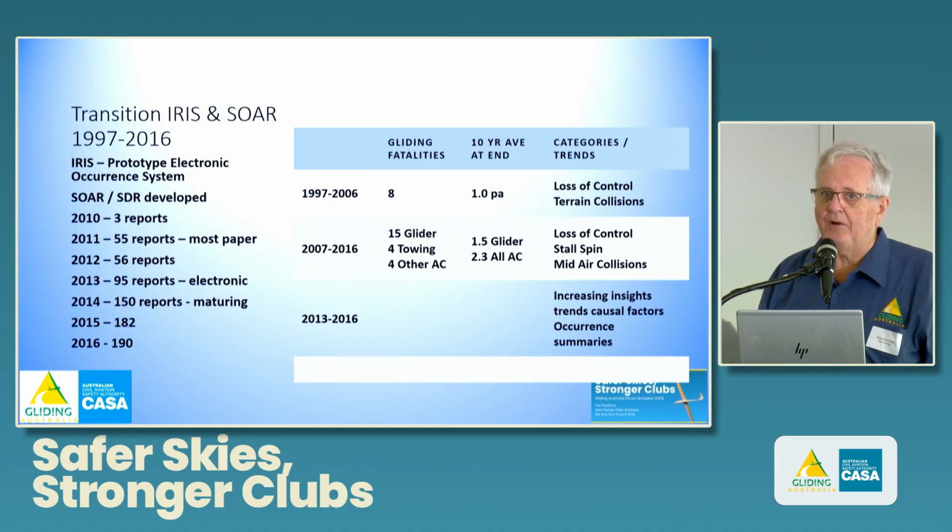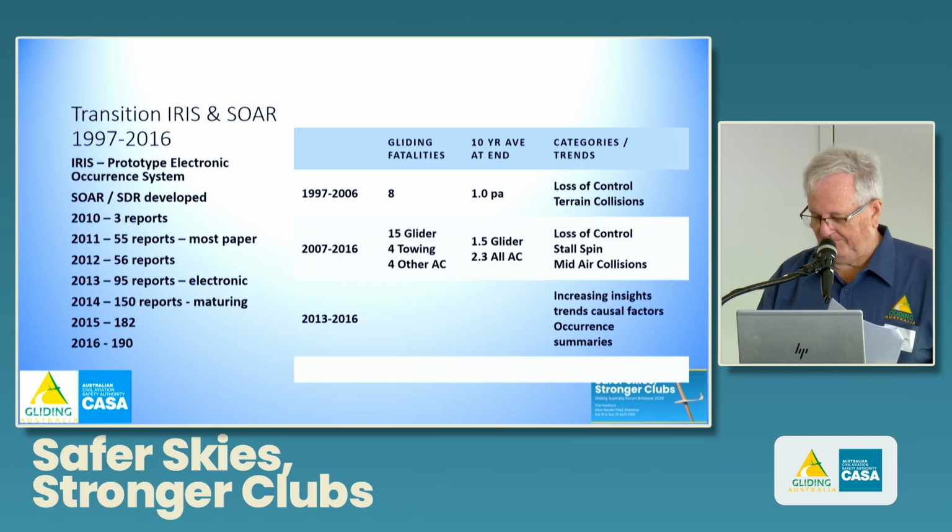You can see the upward reporting trends on the left-hand side of this slide. People started getting used to it: terrific, we've got a reporting system. Categories of concern were still the same: loss of control, stall spin, mid-air collision, and some pretty horrible accidents involving a lot of airframes.